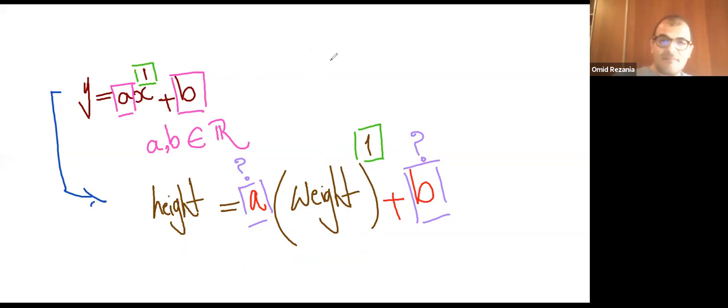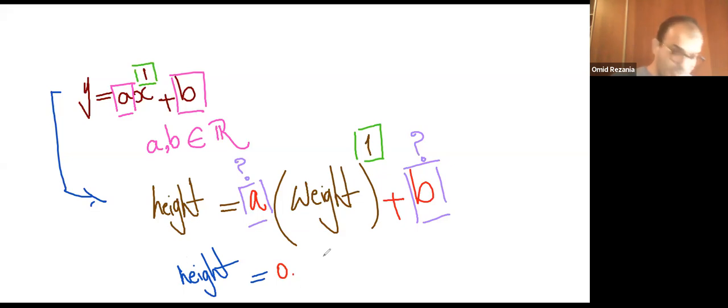It means that if I come here, I can write the same model like that after I just made the inference, that the height of these women equals to what value did I get for the A? How much was it?